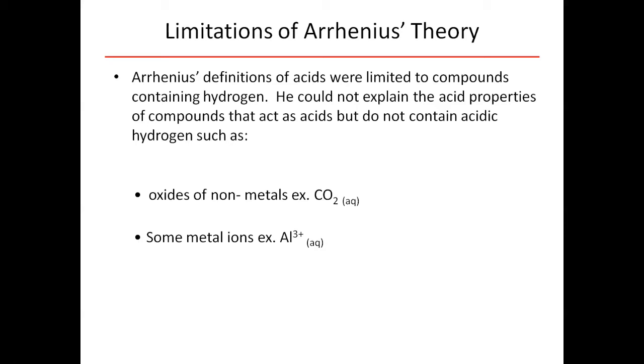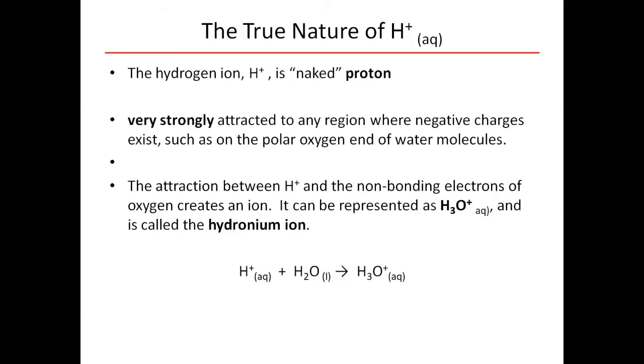Okay, so as a result, we needed a new theory. Well, to do this new theory, what we need to do is first understand what we mean when we talk about a hydrogen ion. A hydrogen ion is a hydrogen that's lost its one electron, leaving it with only a proton. That means it has a very strong positive charge because it's condensed into a tiny area, and so it'll be attracted to negative charges.